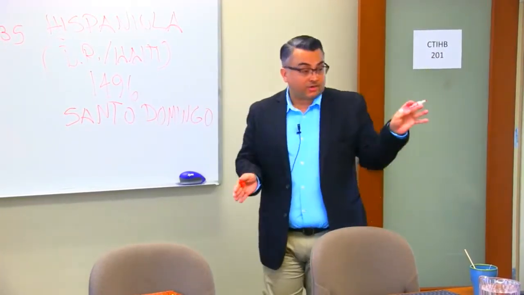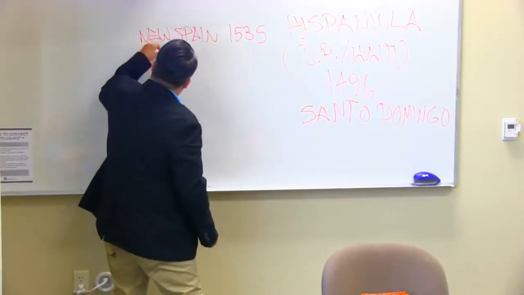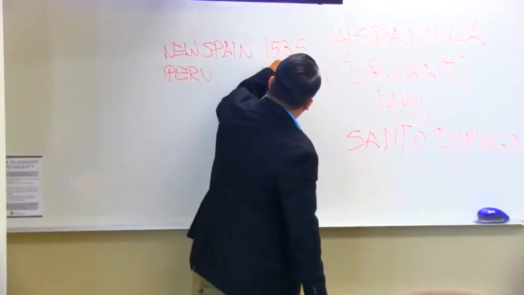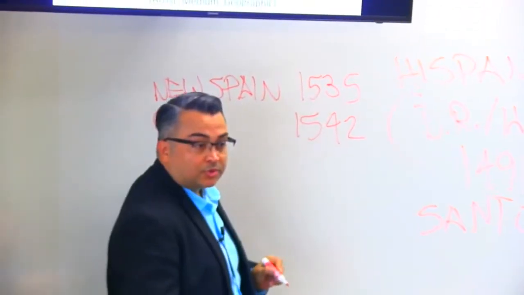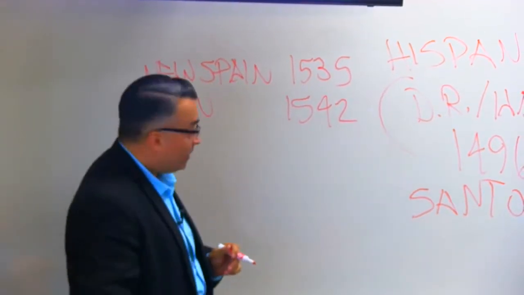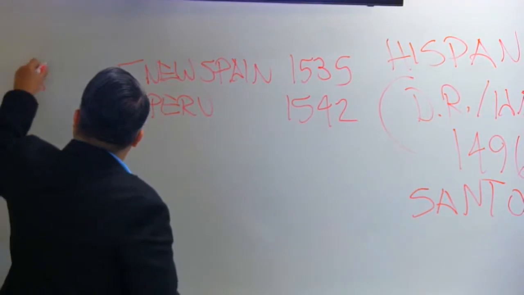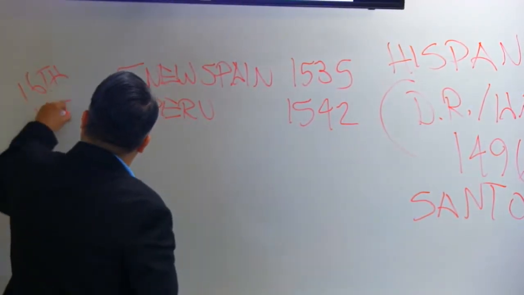It was a large territory. And then we have Peru. That was established in 1542, shortly after New Spain, as the Spaniards are moving south. Okay? And these are the two main viceroyalties throughout the 16th and 17th centuries.